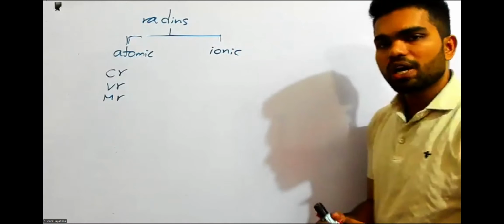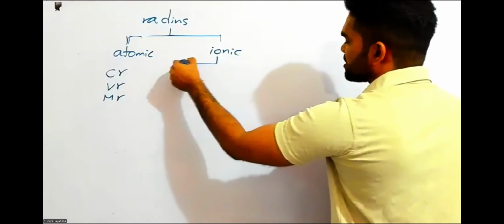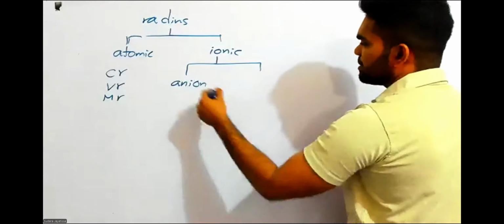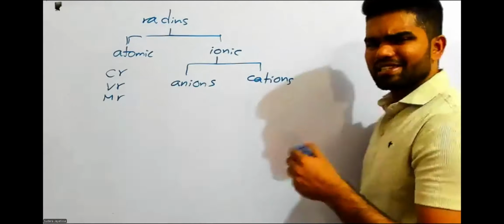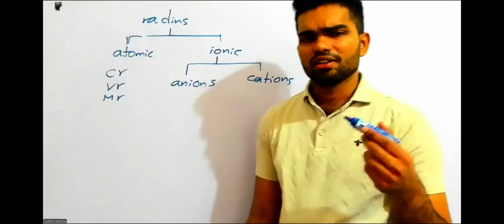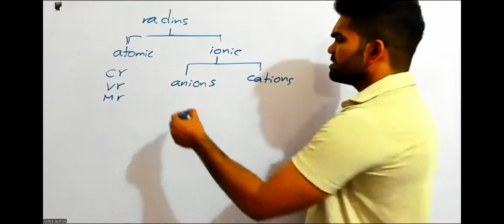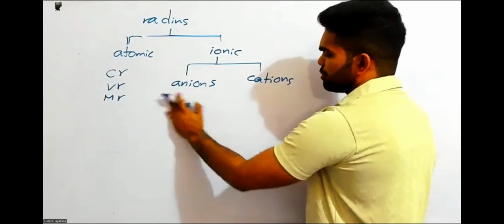Then when it comes to ionic radius, we have two types of ions: anions and cations. Anions are negative ions and cations are positive ions. There are some very basic things related to these two ionic radii. For example, anionic radius is always larger than the neutral atom.